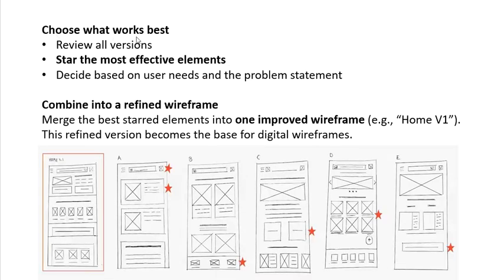Choose what works best. Review all the versions, start with the most effective elements, and decide based on the user's needs and the problem statement. Then combine them into a refined wireframe and merge the best elements into one.